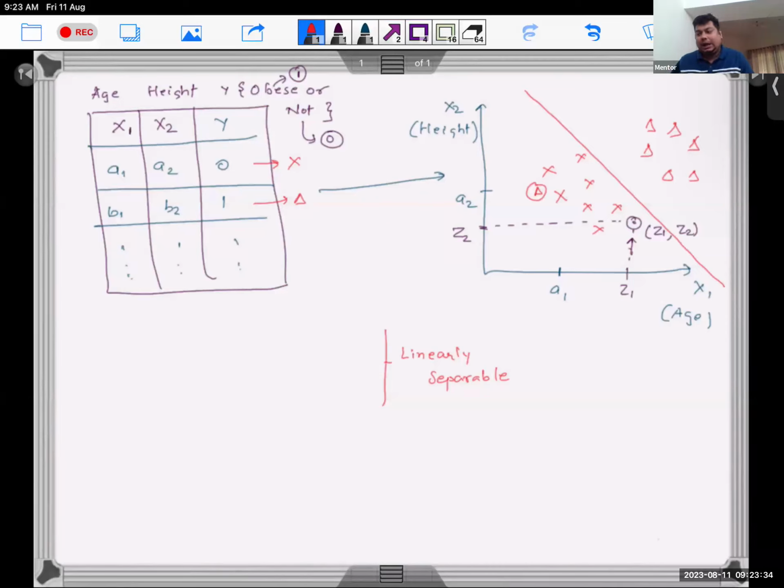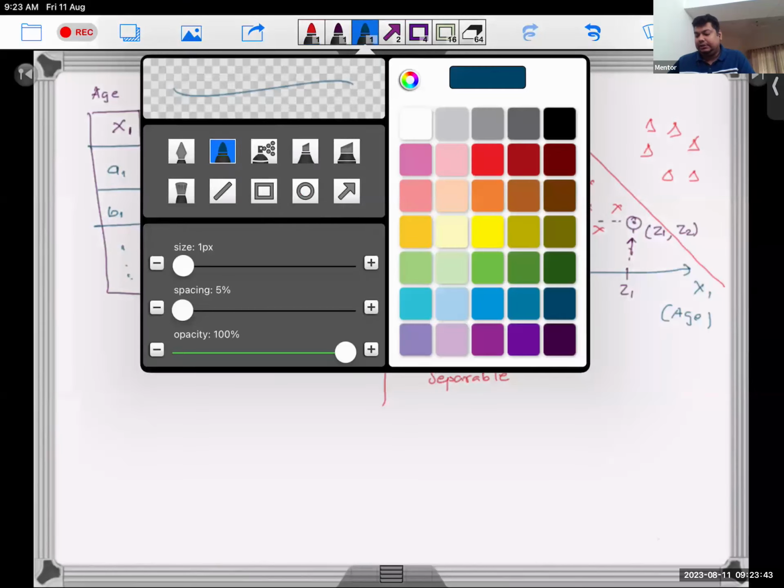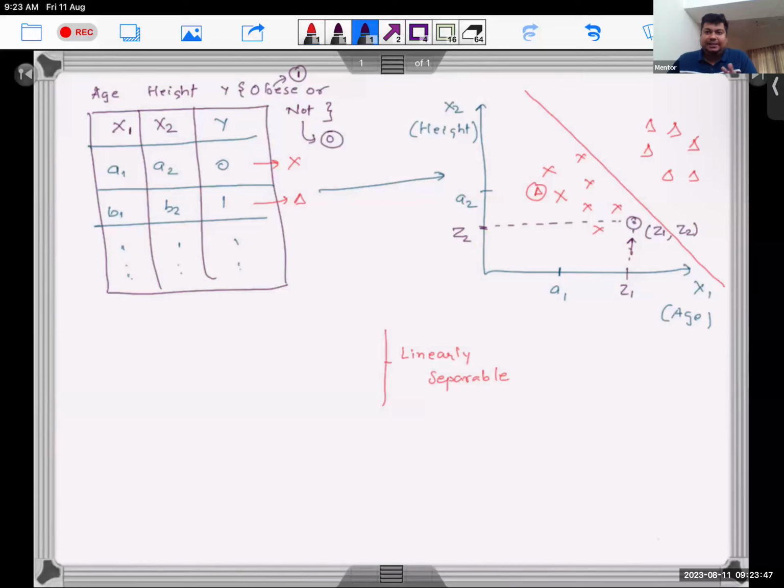Let's try to understand how to determine any curve. I'm going to start with a simple linear line. Now that I have 2 dimensions, how many thetas will be there? Total 3 thetas: theta naught, theta 1 and theta 2.